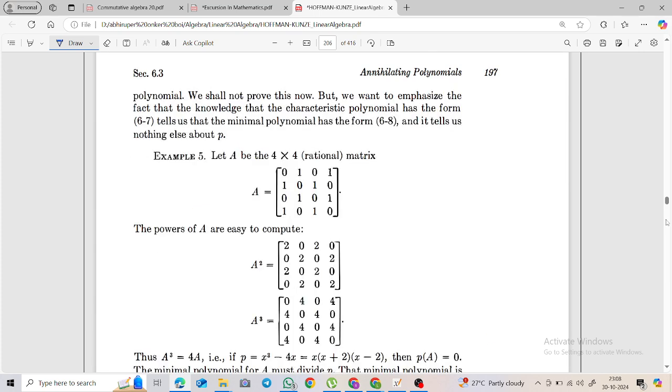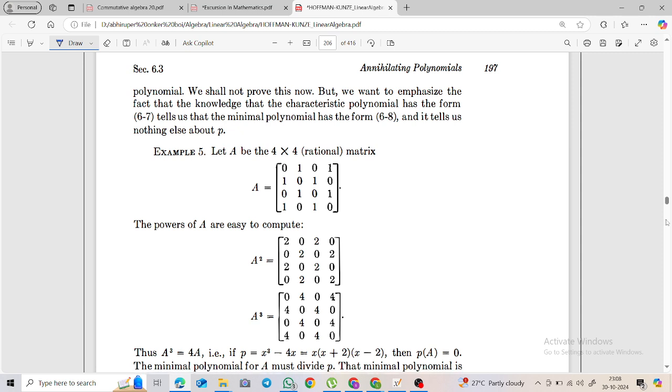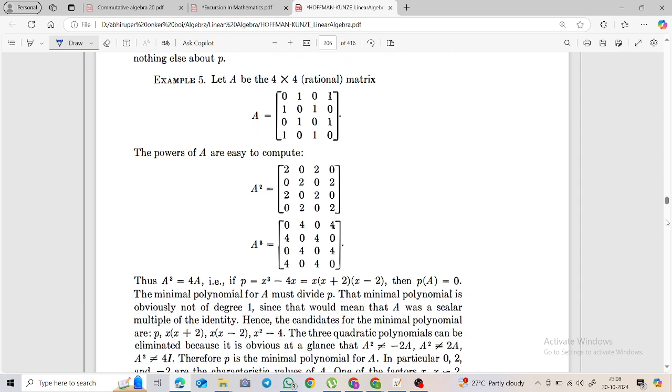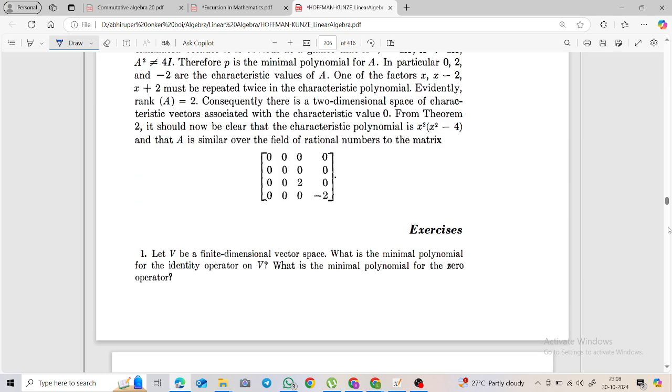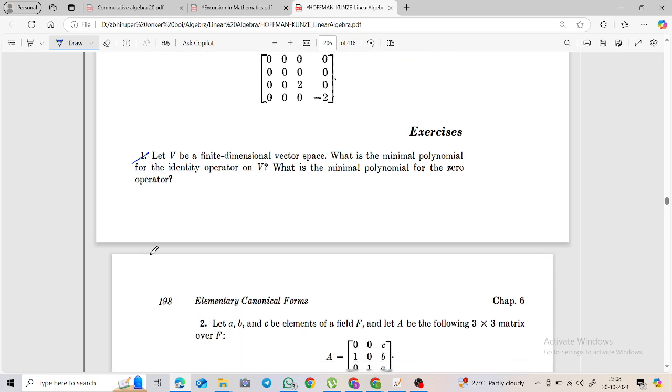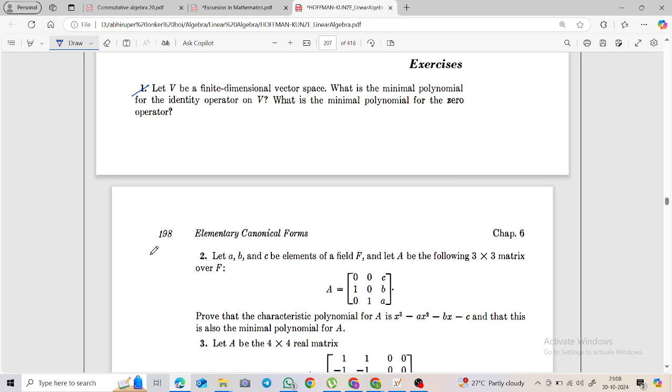Let's move on to the exercises. Tell me, 1. What is the minimal polynomial of the identity operator? Quick. This is very easy.